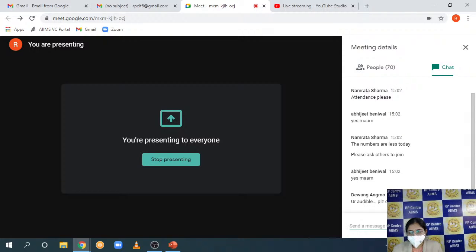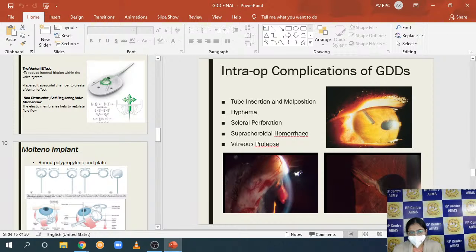I would like to ask, can any one of you tell me the classification? Because this is what is asked, and you can't enumerate the names of the devices in the exam, you just name one. Any volunteer? Diksha, are you there?